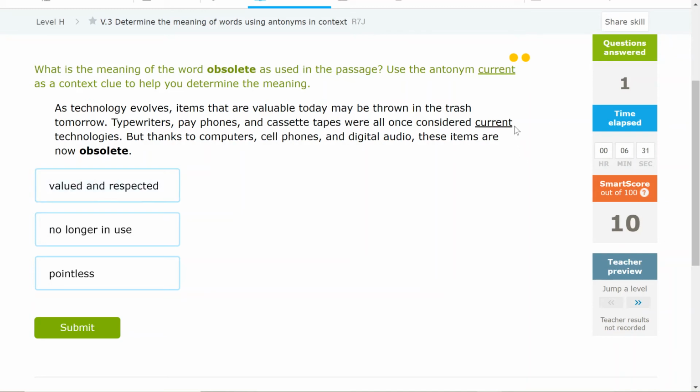Is that the opposite of current? No. No longer in use. Is that the opposite of current? Well, something that's current is used in the present, so maybe no longer in use is the opposite. That's a good choice. How about pointless? Well, something that's current that's being used right now could still not have a point. So I'm going to say no longer in use.